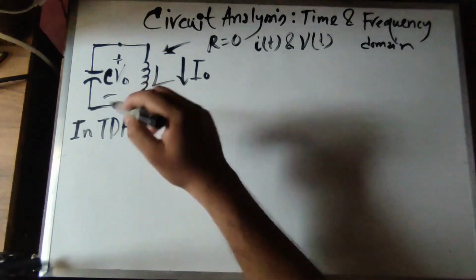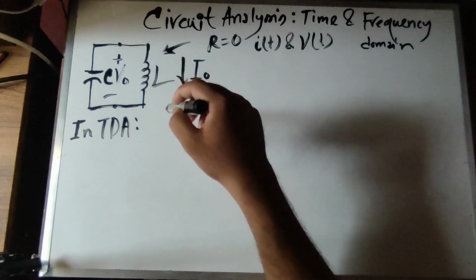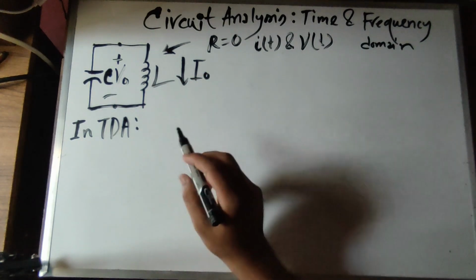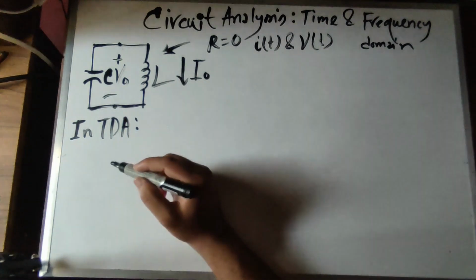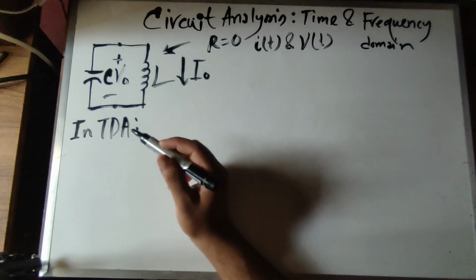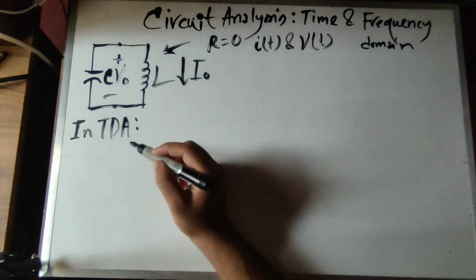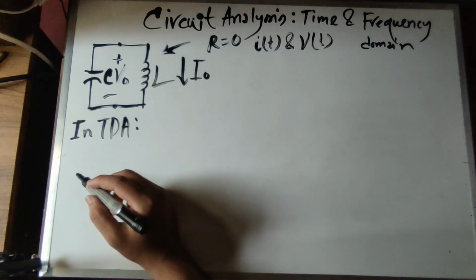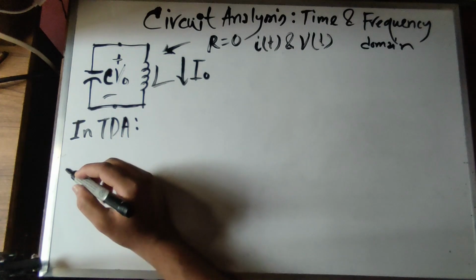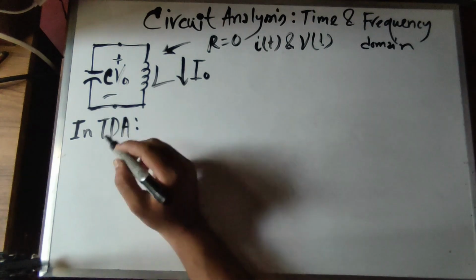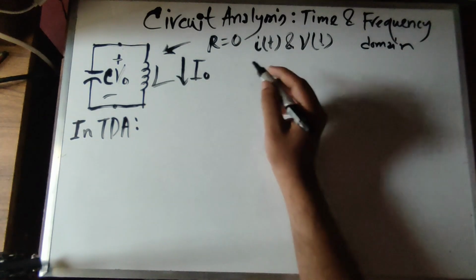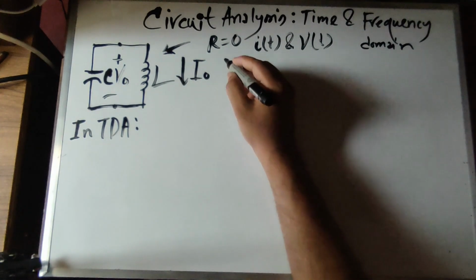During this transfer of energy, it will create an oscillating voltage and current, and we are gonna see this mathematically, and in the later videos we are gonna see the transfer in visual terms. So in this operation there's no resistor, so no energy dissipation.